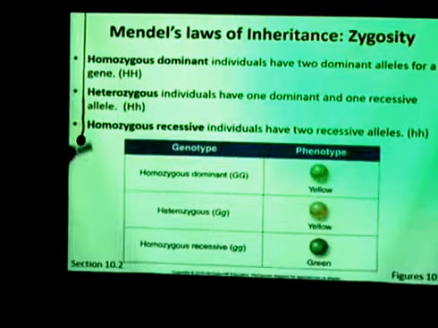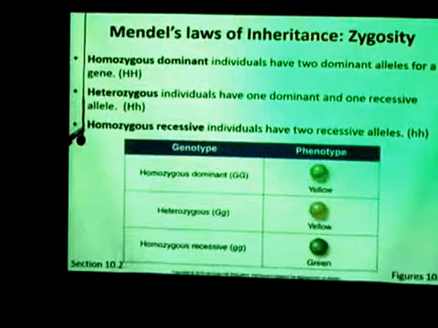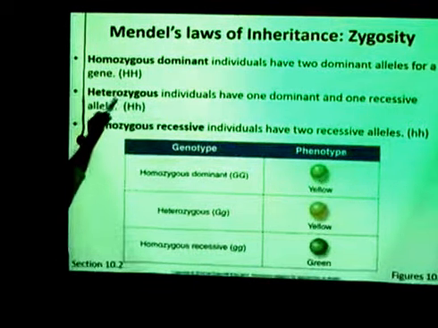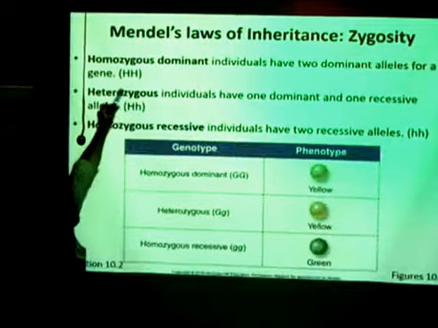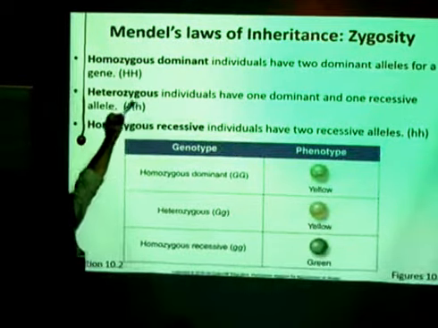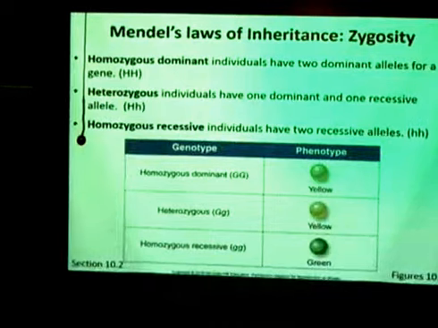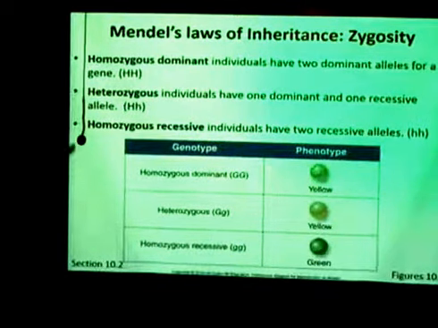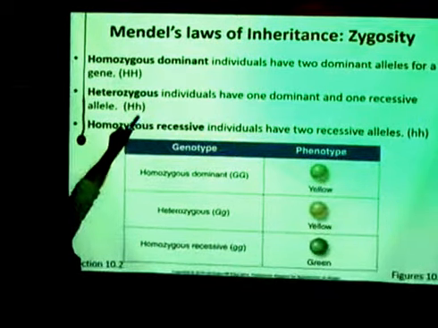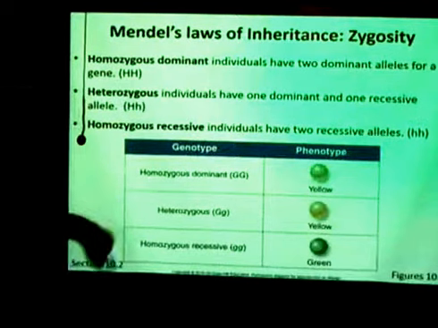So again, those three things that we talked about are the types of genotypes. When both alleles are dominant, it is called homozygous dominant, because both are the same. It is written as uppercase letters. When one is dominant and the other is recessive, it is called the heterozygous condition.